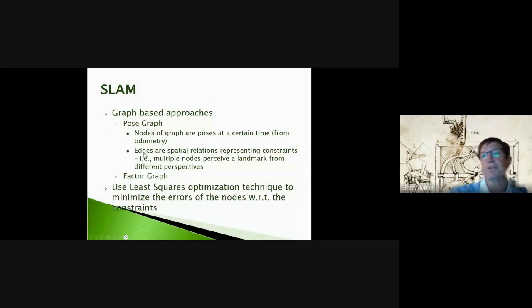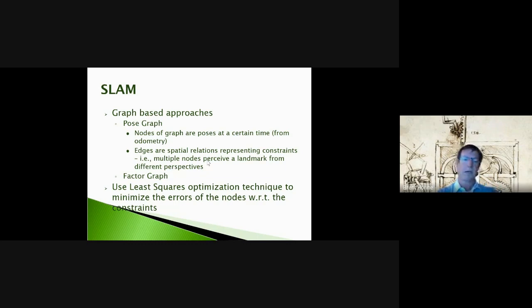And then our edges are our spatial relations representing constraints. In other words, multiple nodes, remembering that that's a pose at some time, might perceive the same landmark but from different locations and different perspectives.